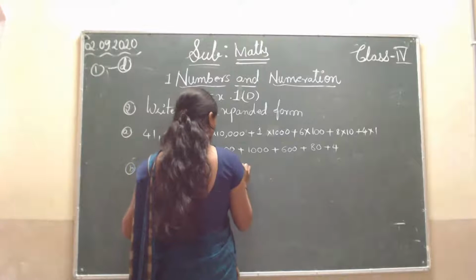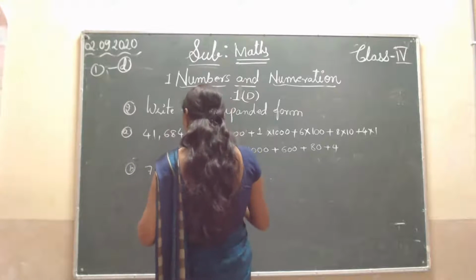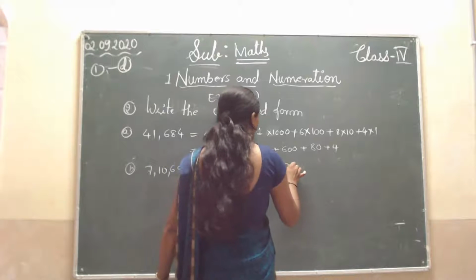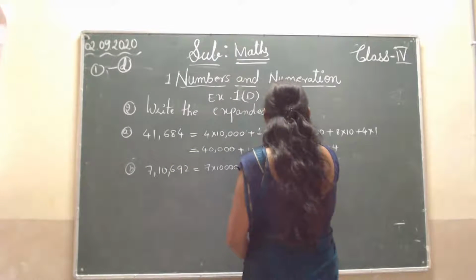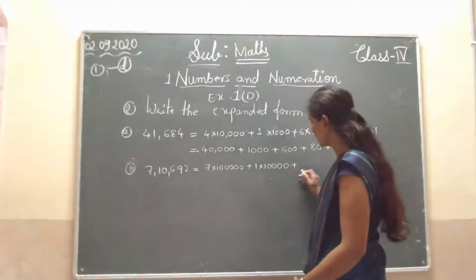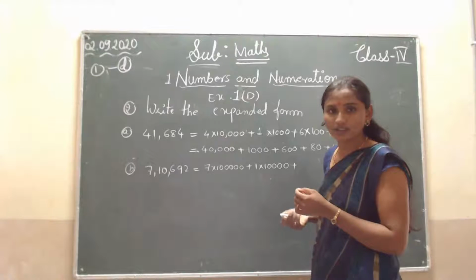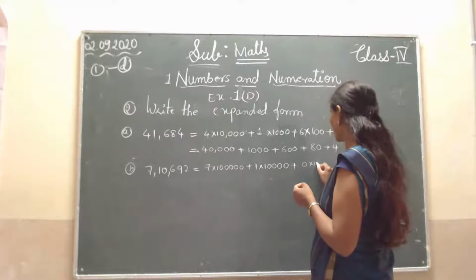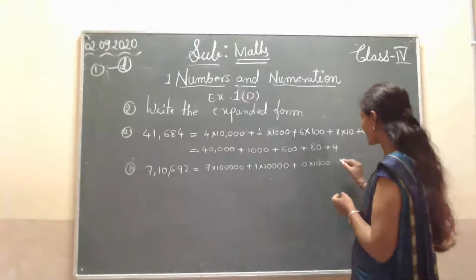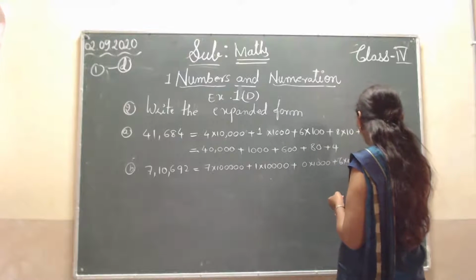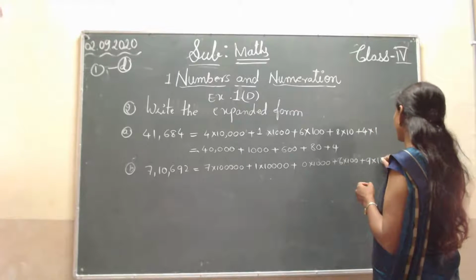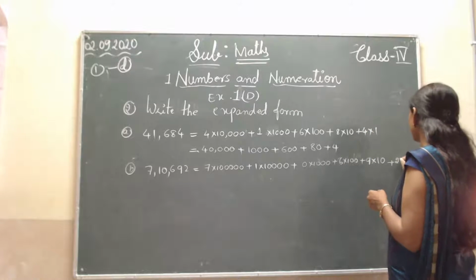Then 1 into 10,000. Then we write directly 0 into 1,000, and that value is 0. So next 6 into 100 plus 9 into 10, the value of the 9 is 10, plus 2 into 1.